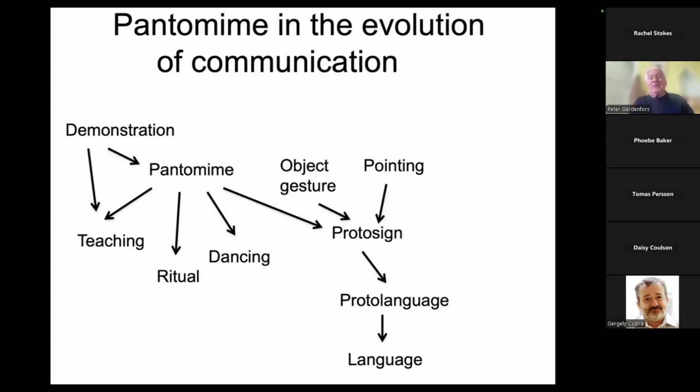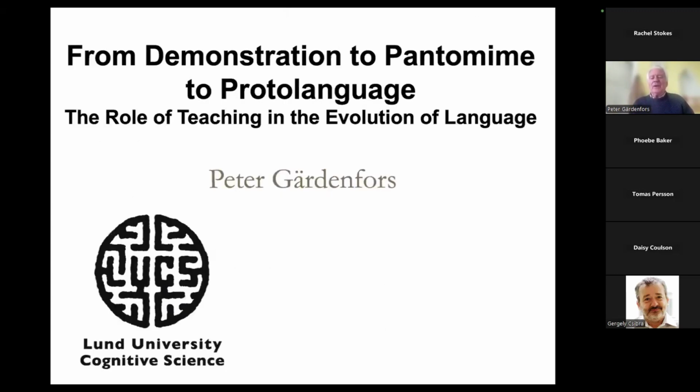So I end with a rather wild speculation about how different components hang together. But for me, the core of it all is the role of pantomime in teaching and how it has extended in various other directions. So thank you very much.